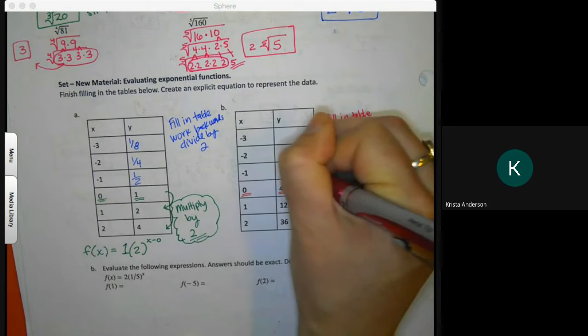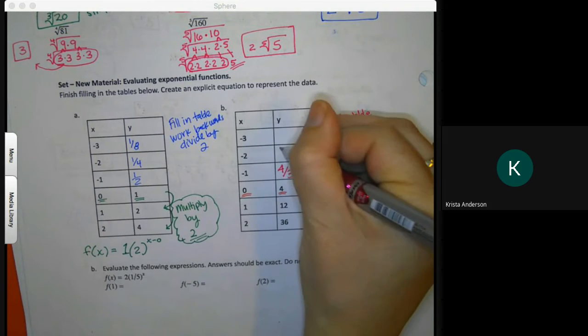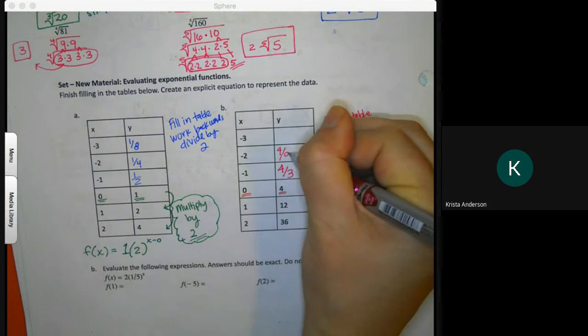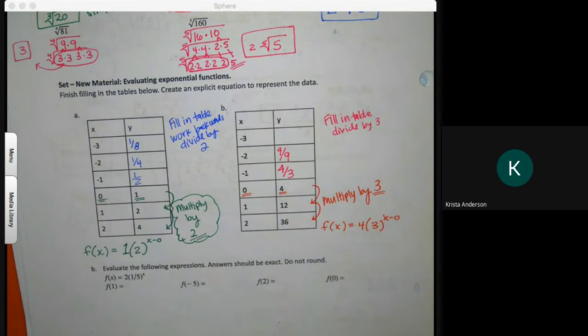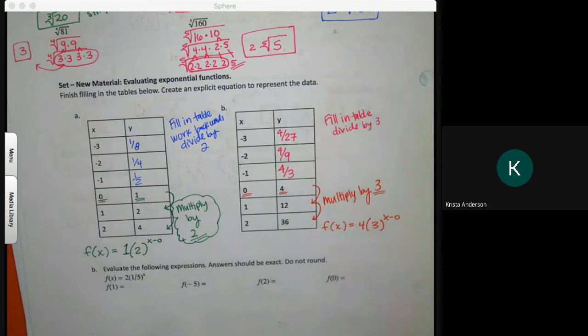So I would have 4 divided by 3. What happens when I divide by 3 again? What's 3 times 3? 9. So I would have 4 divided by 9. What's 9 times 3? 4 divided by 27. That would fill in my table.